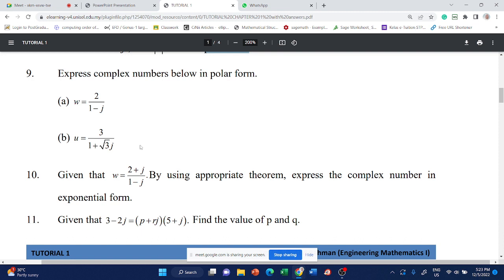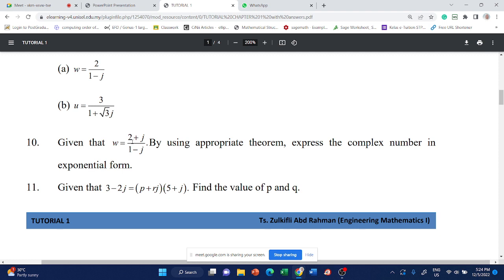So after that, we find the radius, and then theta, and then we write it into polar form. Yes, correct. Okay, good. Okay, so do it similarly for b. Okay, b. Do you know what is conjugate for b, 9b? 1 minus square root 3j. Yes, correct. Okay.